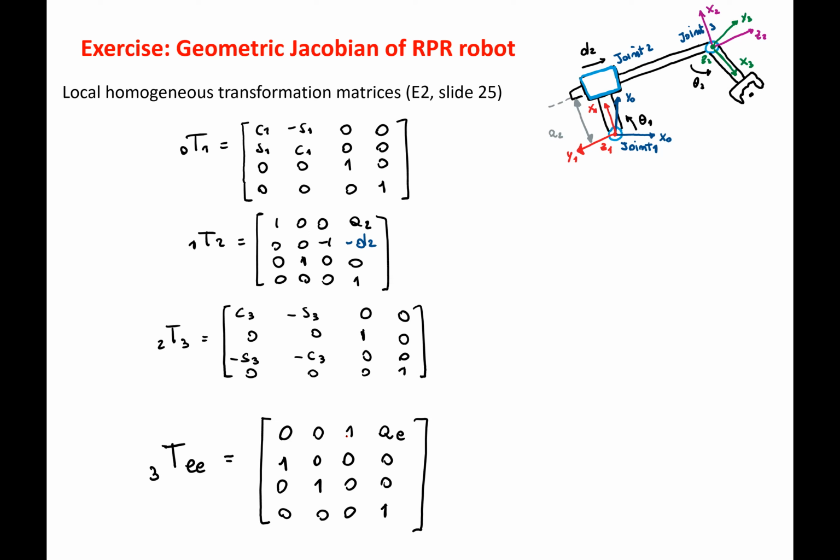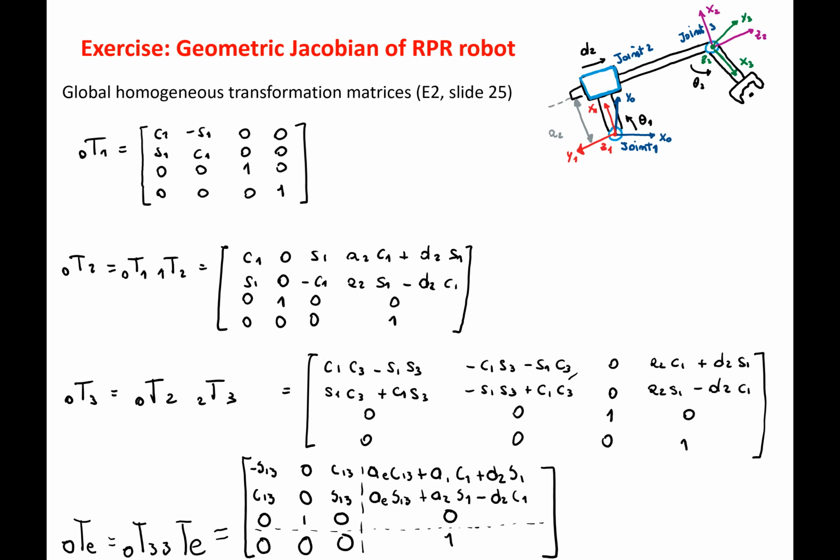Here in this slide, we're going to work with this RPR robot, whose direct kinematics Professor Focchi already derived. In this slide, I'm showing what we call the local homogeneous transformations, which go from one joint to the next, so they're not all referred to frame 0. It's just from 0 to 1, from 1 to 2, from 2 to 3, and so forth. Here I'm also adding the homogeneous transformation to the end effector, although it's a rigid transform. It's important to have it when you're computing the Jacobian.